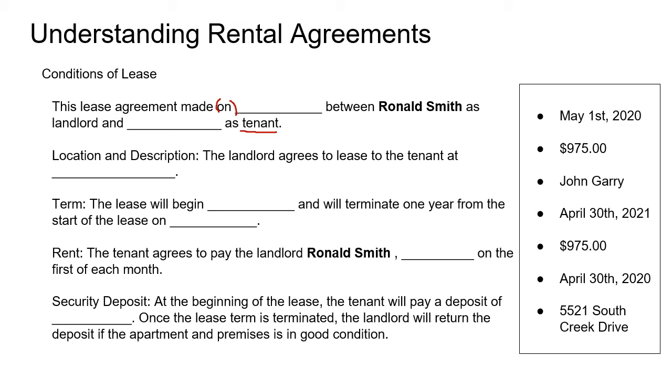Some other things to look at would be the location and description. Location is where. The term, when. So when will it begin and when will it end? The payment would be right here, the rent to pay.